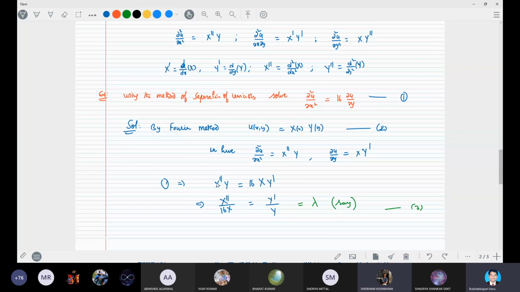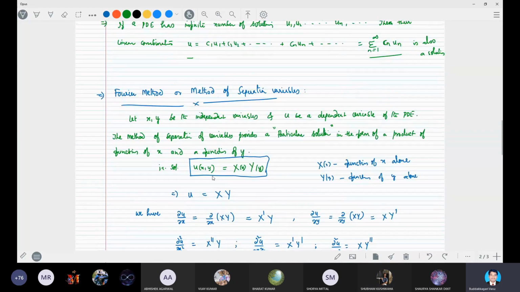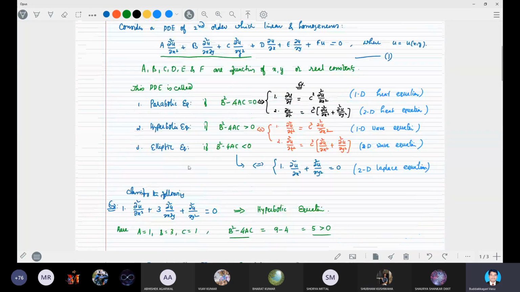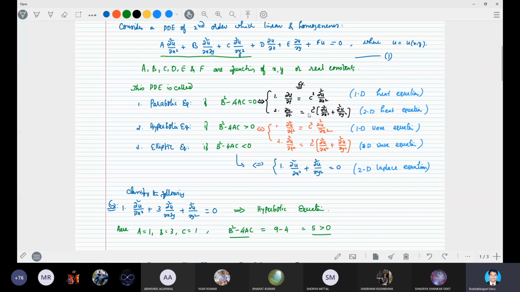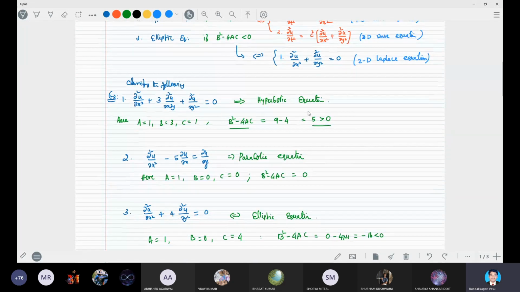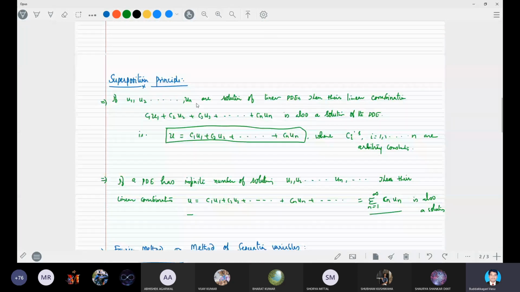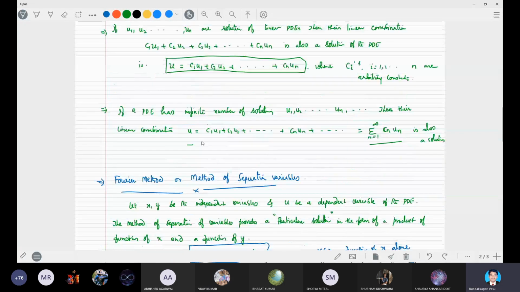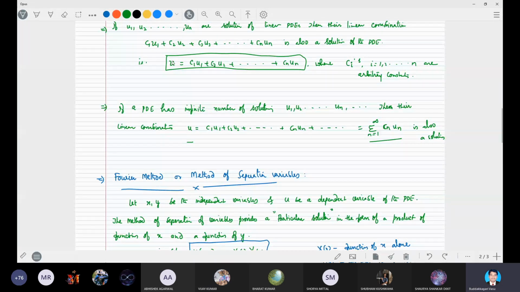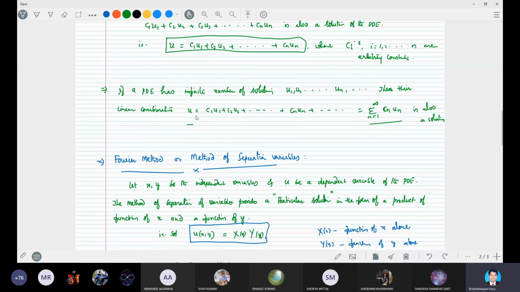Clearly understood, where we have seen the classification of PDEs, their examples, and the superposition principle, the property of linear PDEs. The superposition principle indicates that if an equation has n independent solutions or infinite solutions, their linear combination is also a solution of the equation.